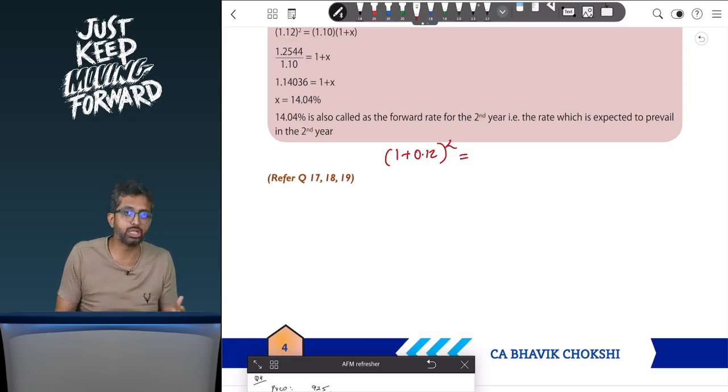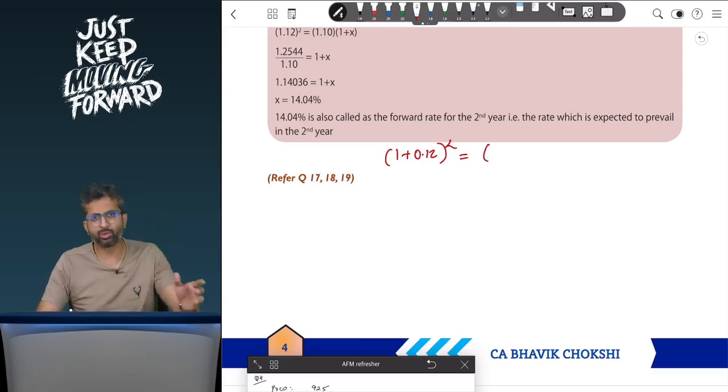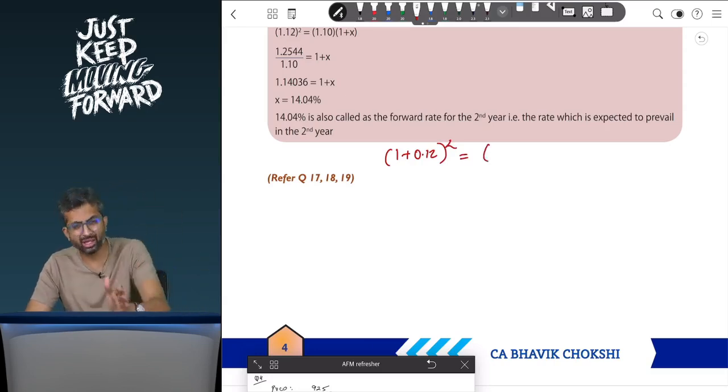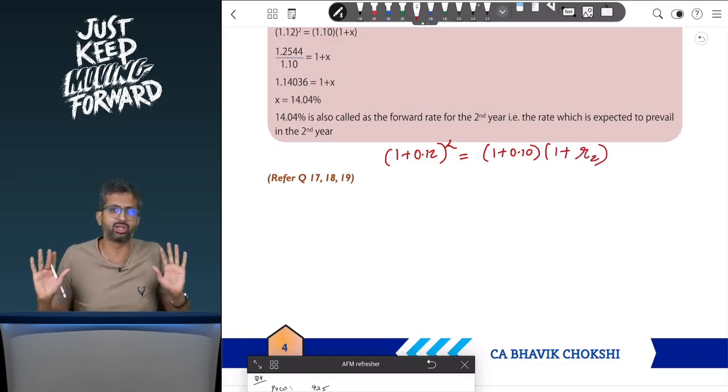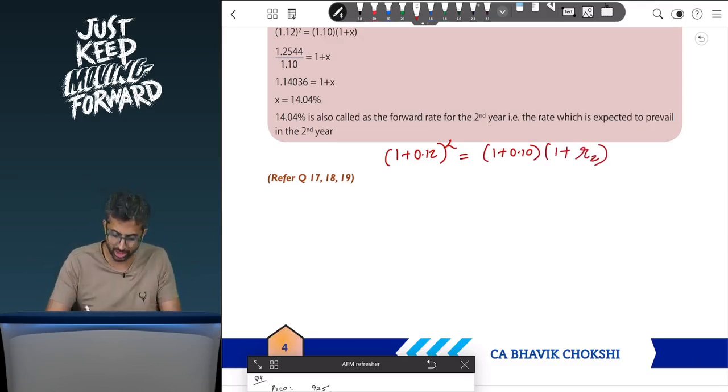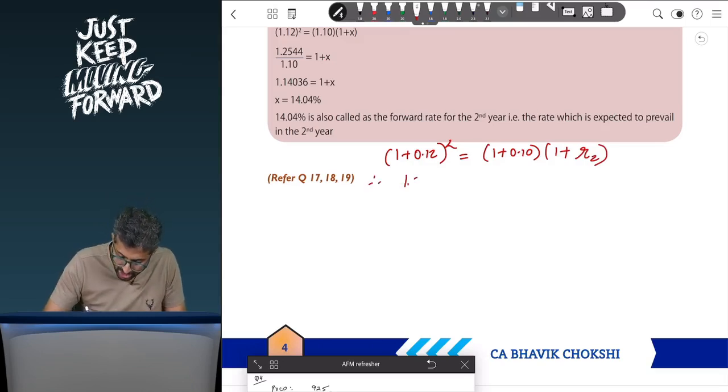This has to equal that same 1 rupee going in the same bank after 2 years, that is 1 plus 0.1 for the first year, into 1 plus R2, that is the rate of the second year. I don't know what the rate of the second year is. So therefore, if I do this working, this is probably 1.2544 equals 1.10 into 1 plus R2.